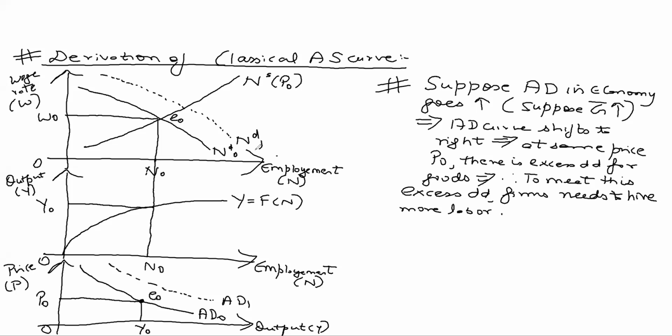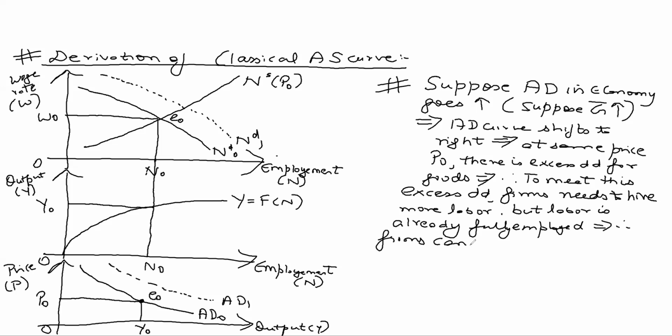Okay. So now, but what is happening? But labor is already fully employed. Therefore, firms can hire more labor only by bidding up the wages.